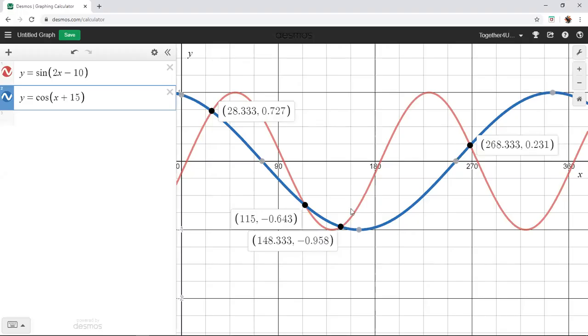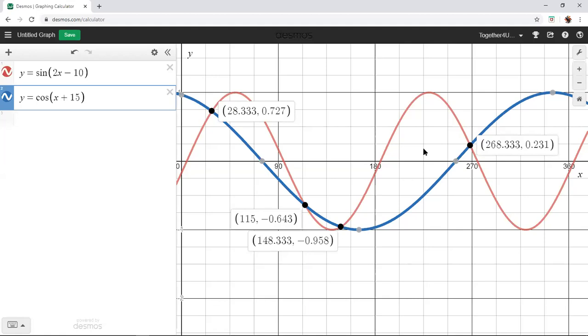The first solution is 28.3. The second is 115 degrees. The third is 148.3 degrees, and the last solution is 268.3 degrees.